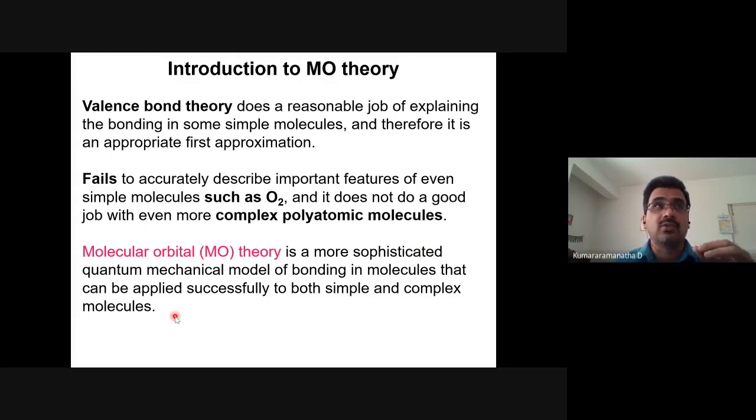So molecular orbital theory is essentially based on the quantum mechanical model, which you can apply to both simple molecules as well as complex polyatomic molecules, including transition metal complexes.